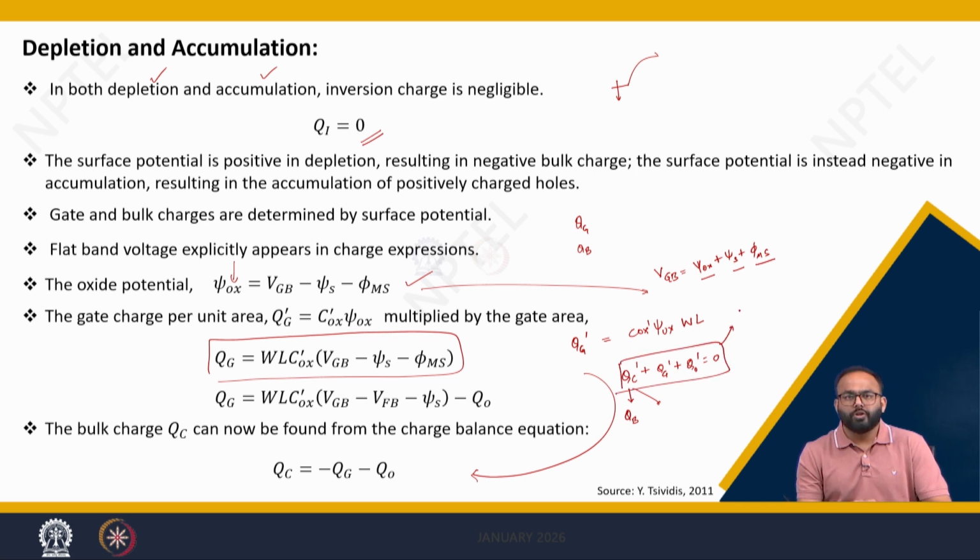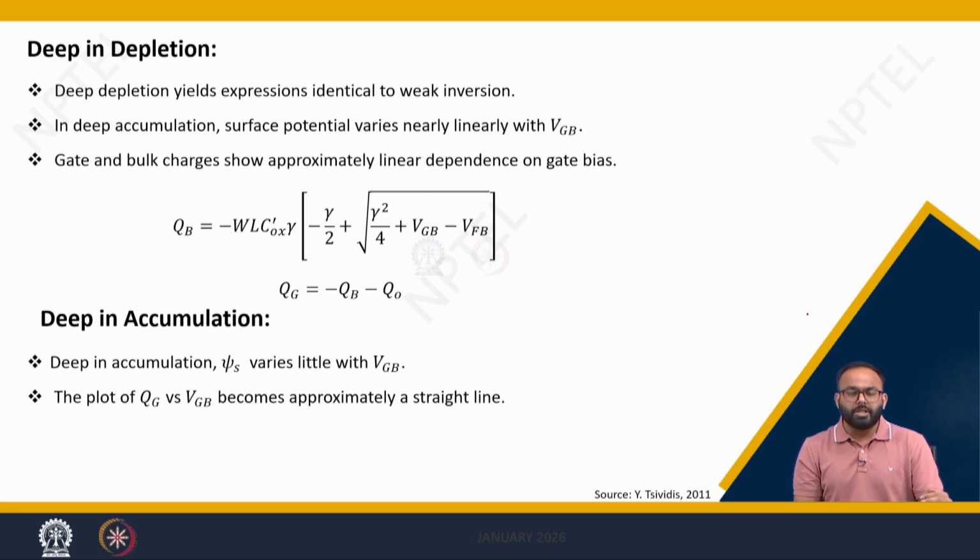So for the total charges, I can again rewrite as QC plus QG plus Q naught equals 0 by multiplying with the overall area of the gate, right? Now, in deep depletion, what happens? I can use the same approximation, considering the inversion charge will be 0, and the gate charge can be simply calculated as minus QB minus Q naught. In deep accumulation, psi s varies little with VGB, so we can get the value of the charge accordingly.